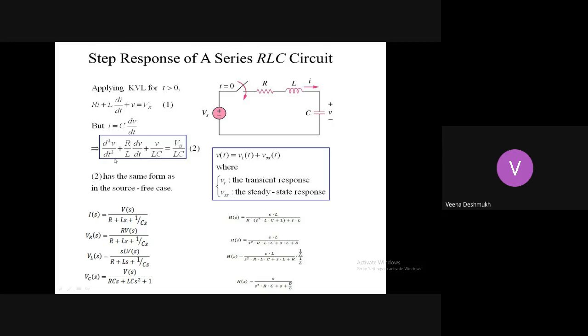After applying the Laplace transform, what we get are different equations for the current through the circuit or the voltage across each element. It can be VR, the voltage across the resistance, or VL, the voltage across the inductor, or VC, the voltage developed across the capacitor.